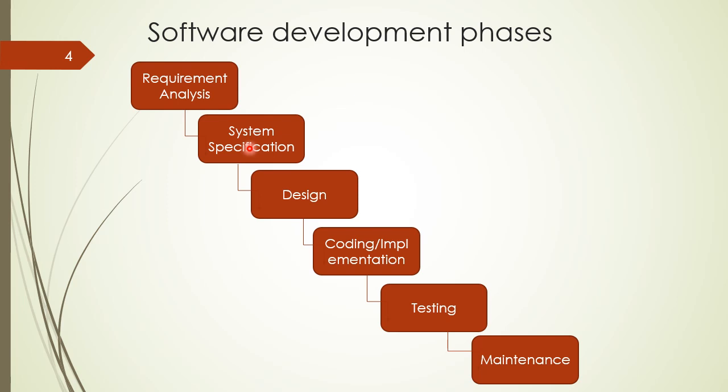And then these specifications are converted into a software design, which is known as software architecture, and then we implement or develop our software in a certain procedural or object oriented language, and then we test our code, and then we deploy our software, which needs some kind of maintenance.